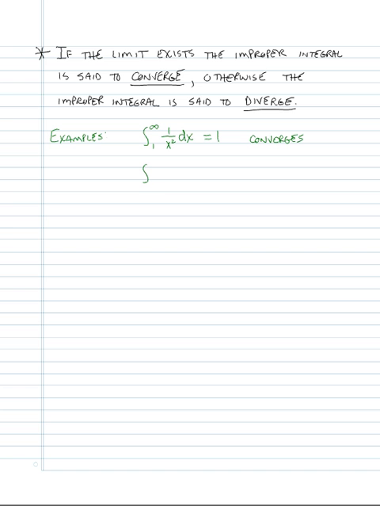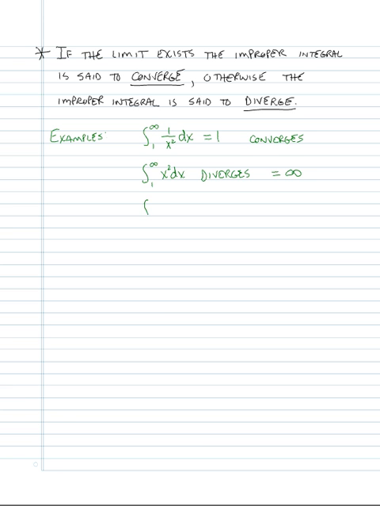On the other hand, the integral from 1 to infinity of x squared with respect to x diverges. If we were to calculate the integral by using this limiting process, we would get a result that was infinity. So that's the reason we say this improper integral diverges.